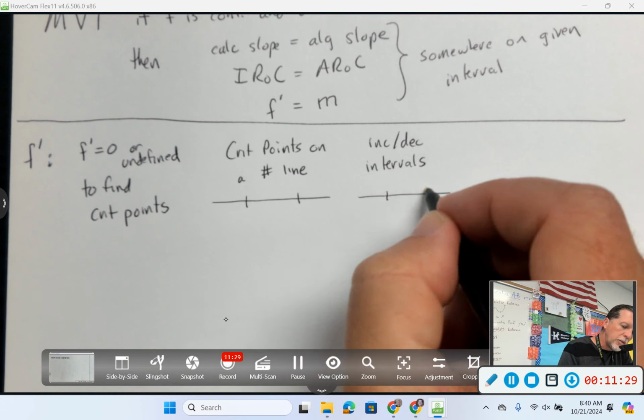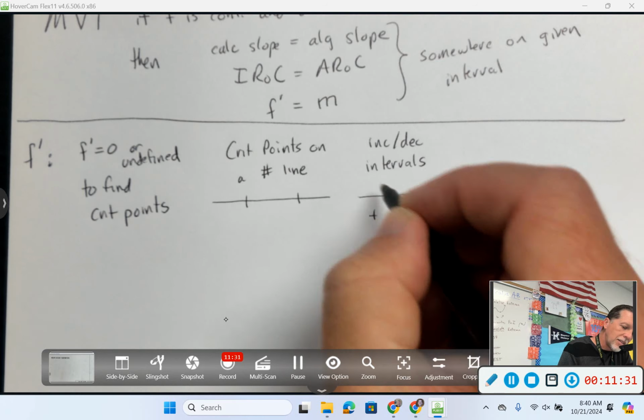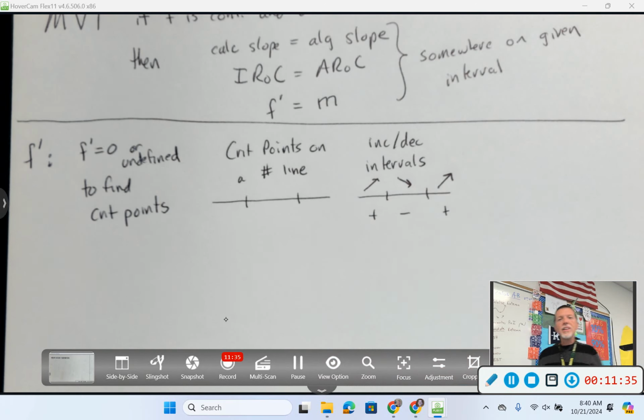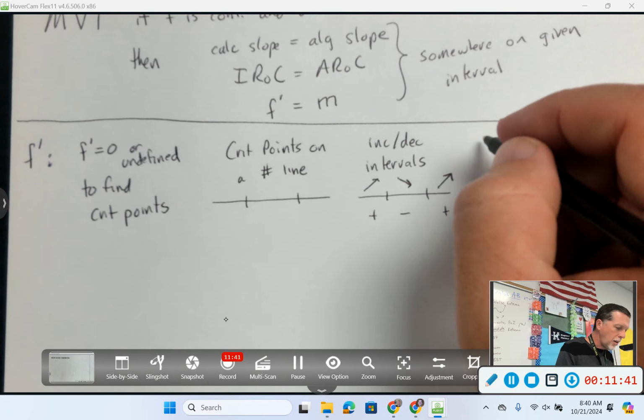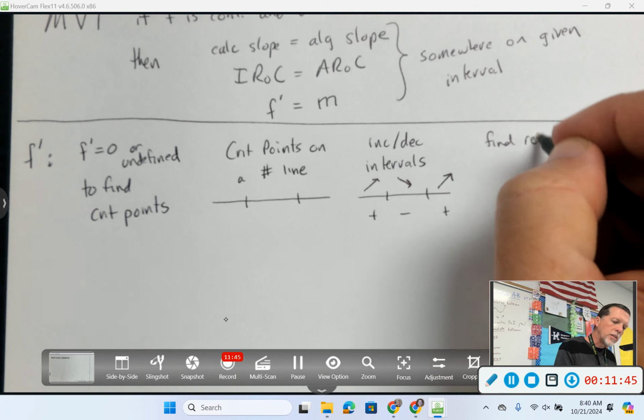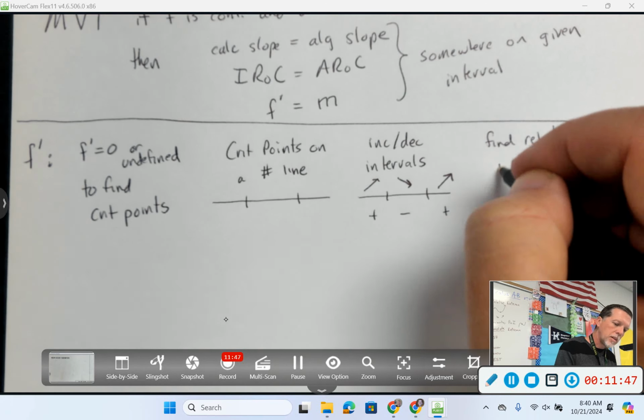We figure out who's positive and who's negative. And that leads us to increasing and decreasing intervals. And if we know increasing and decreasing intervals, then we can find maxes and mins, relative maximums and minimums.